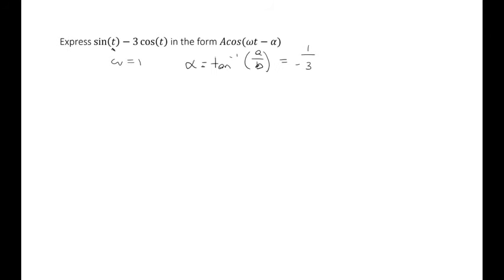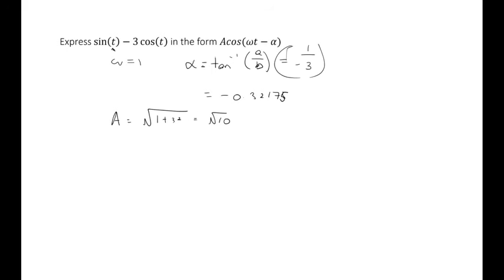So alpha is going to be negative 0.32175. And we can use the rule again to find A. A is the square root of 1 squared plus 3 squared, which is the square root of 10.